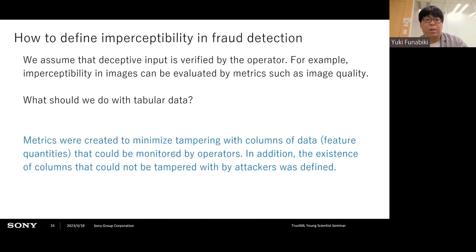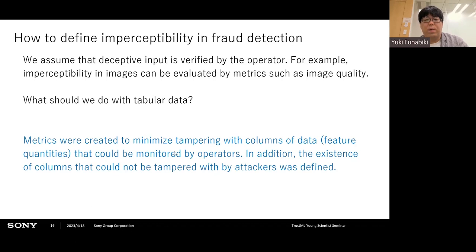And the last topic: how to define imperceptibility in fraud detection. This is a little bit of an ambiguous topic because imperceptibility is a very difficult factor.